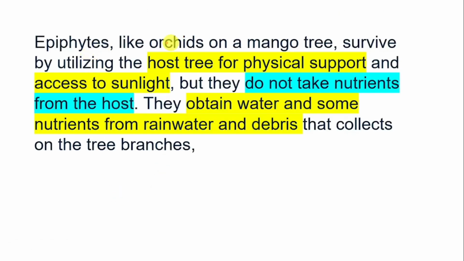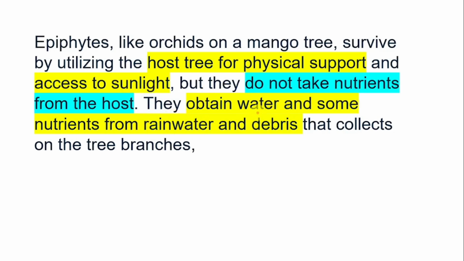Epiphytes like orchids on a mango tree survive by utilizing the host tree for physical support. They rely on it only for physical support and better access to sunlight. They do not take nutrients from the host, and this is the reason it is not a parasite.